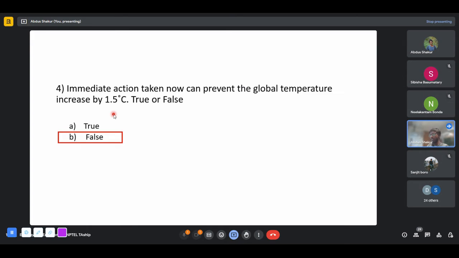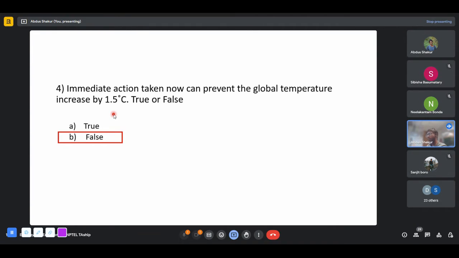if we just cut off all those carbon emissions or the activities that are responsible for increasing climate change or increasing temperature, the effect is not going to be immediate. We have passed the point where the effect will stop at 1.5 degrees, because most of these elements like carbon dioxide or other greenhouse gases are there in the atmosphere.